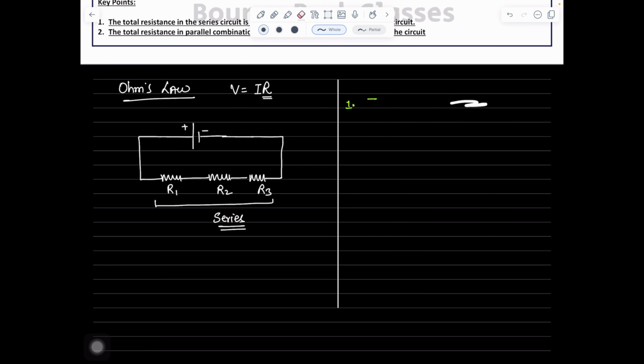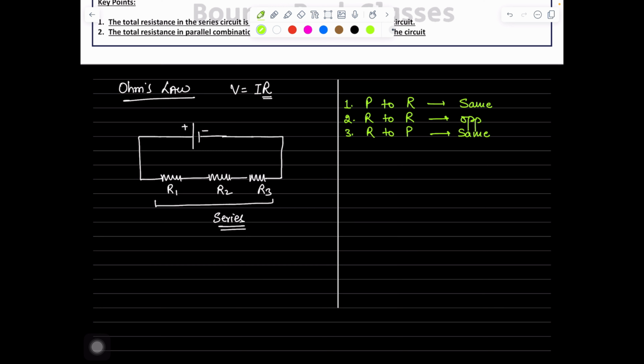Plate to resistor, so P to R is the first case, R to R is the second case, and the third case is R to P. You need to understand what exactly it is.